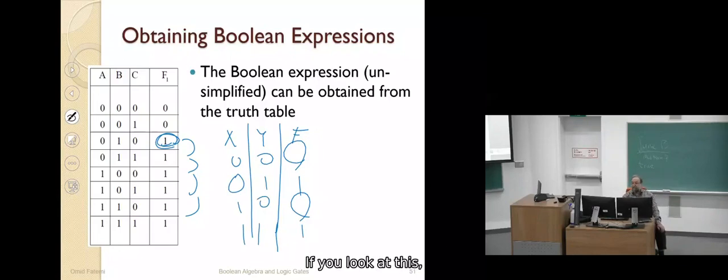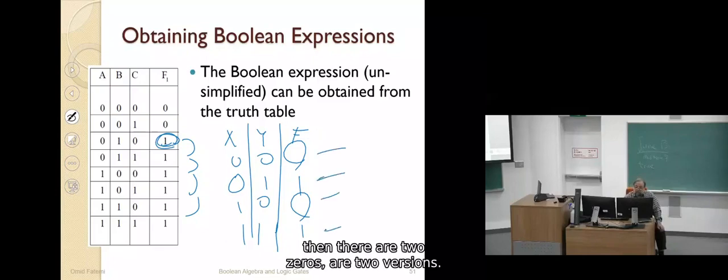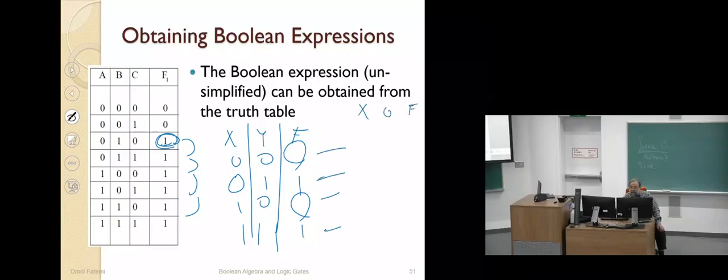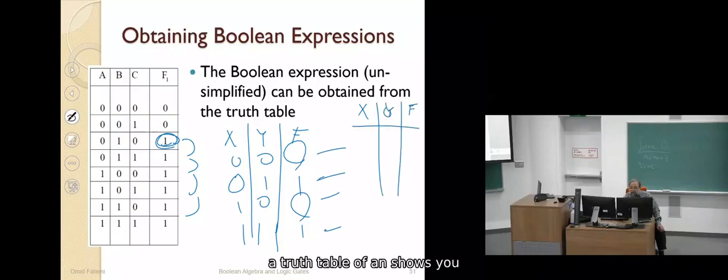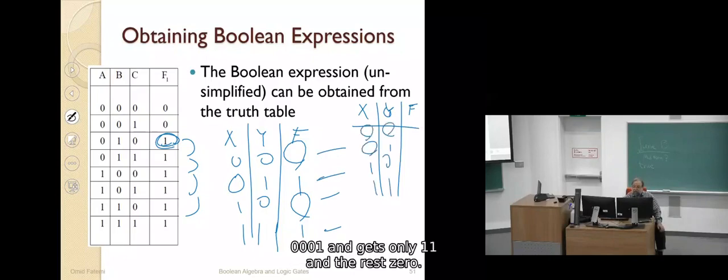If you look at this, then there are 2 zeros and 2 1s. You know, from the truth table of AND, a truth table of AND shows you 0, 0, 0, 1.